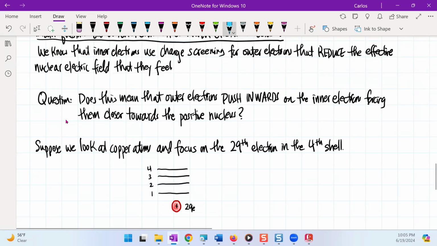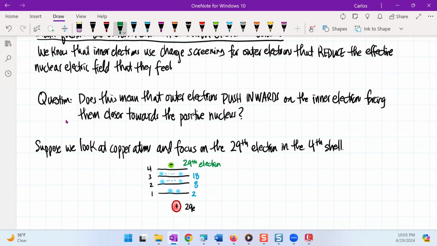And this is what I know: this guy has 2, this guy has 8, this one has 18. In other words, if I start counting these electrons, I have 2, 8, 18. So when I look at that 29th electron, it is all by itself on the fourth shell.